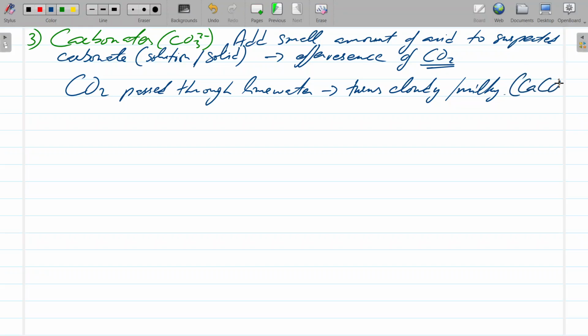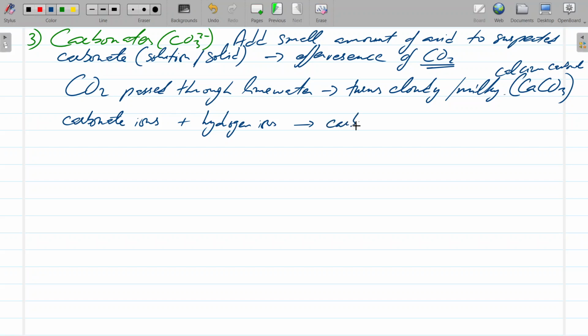That's CaCO3, calcium carbonate. What does the equation look like? You've got carbonate ions, you've got hydrogen ions, acid, and they're giving you carbon dioxide and water.